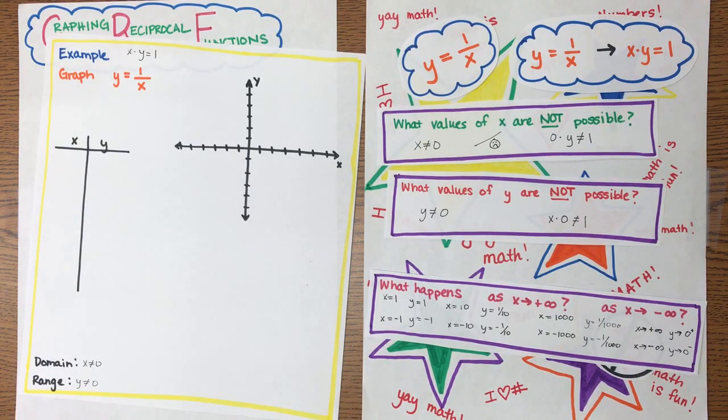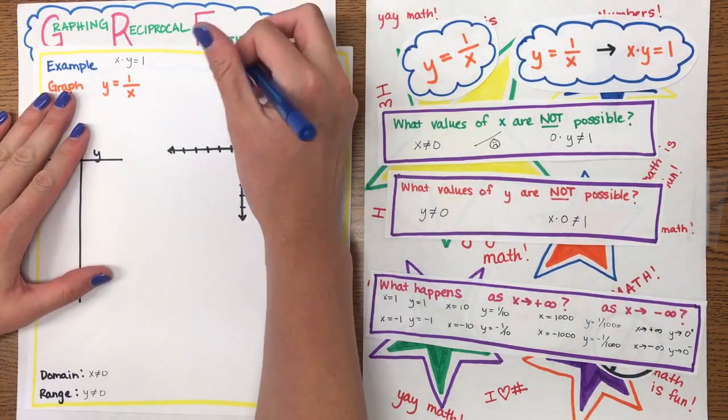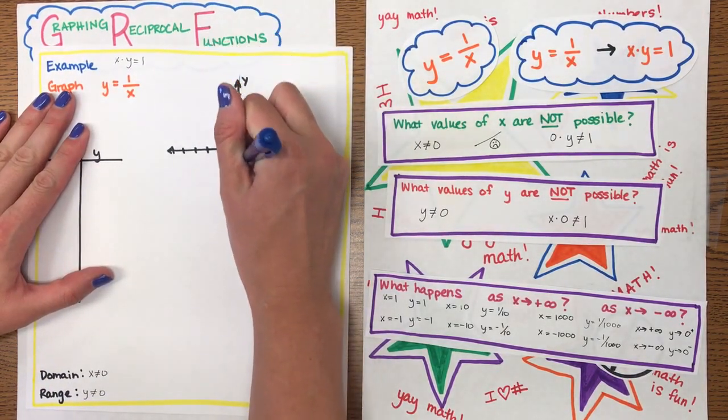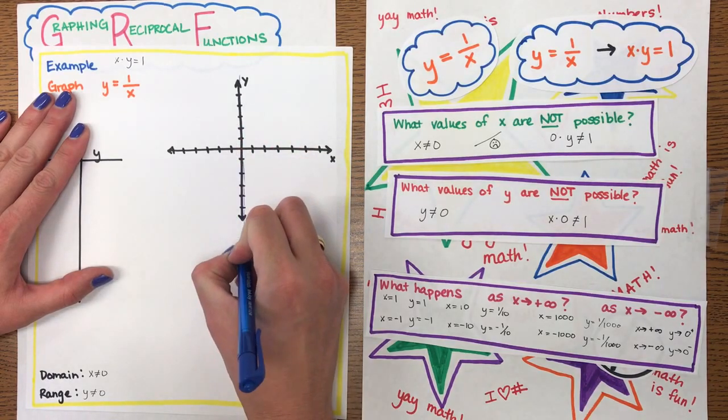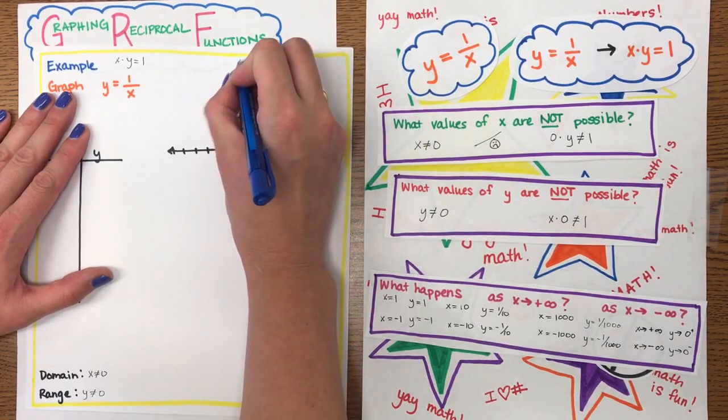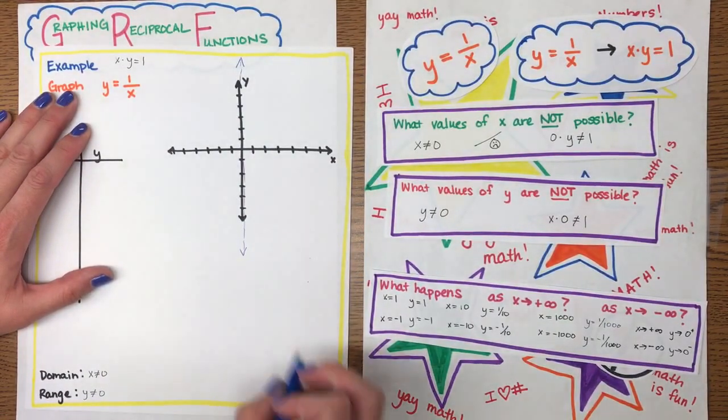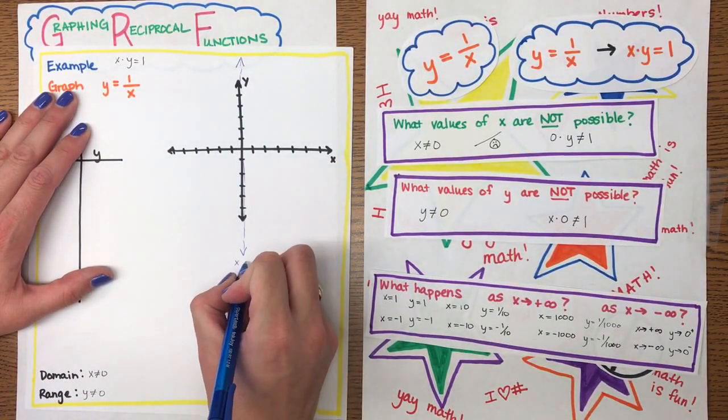So now that I know what's happening when x gets really big and really small, I want to think about my actual graph. The first step in all of these graphs is going to be graphing the asymptotes. So I'm going to go ahead and graph my asymptotes on here. You can't totally see my asymptotes, so I'm going to extend them beyond. We're going to graph our asymptotes with dashed lines and label them.